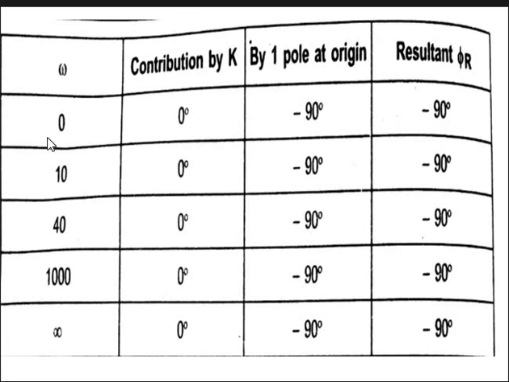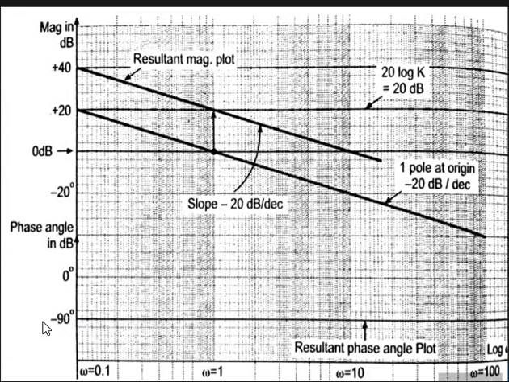Whatever the frequency may be, the resultant phase angle is minus 90 degrees. So draw a straight line at minus 90 degrees. This is the resultant phase angle for 10 by S. So this is the resultant magnitude plot and this is the resultant phase plot for 10 by S. This is the total Bode plot for the given function G(s)H(s) equal to 10 by S.